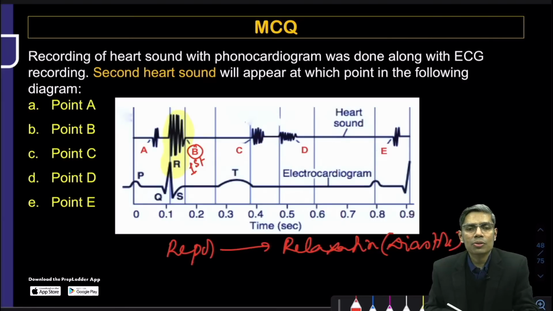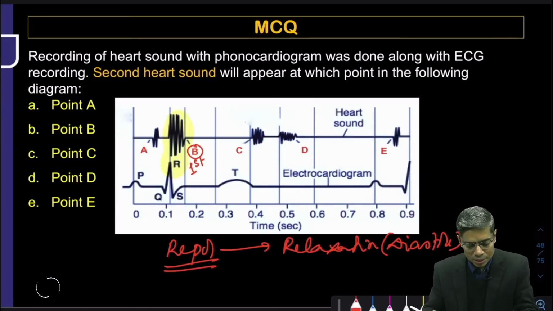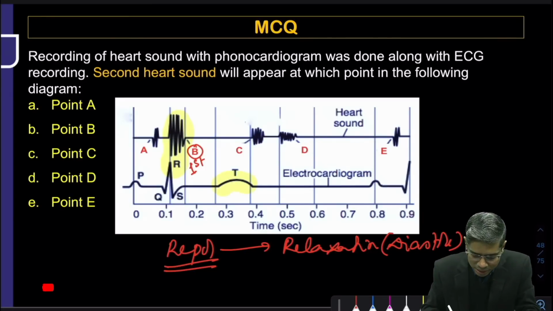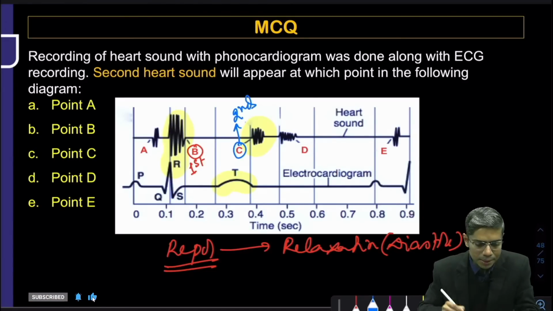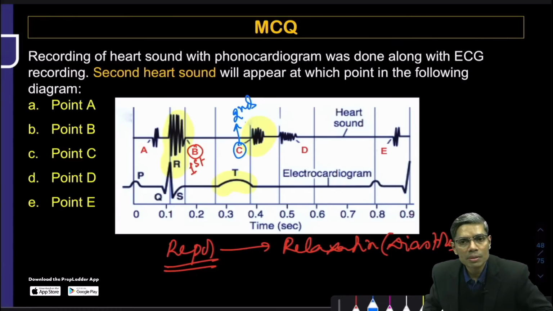So whenever there is diastole, the second heart sound will happen, and after repolarization, diastole will start. Repolarization in the ECG is denoted by the T wave. So at the end of the T wave, the heart sound which is appearing, that is the second heart sound. So this C is the second heart sound, right? Second heart sound. Then how to understand the third and fourth heart sound?